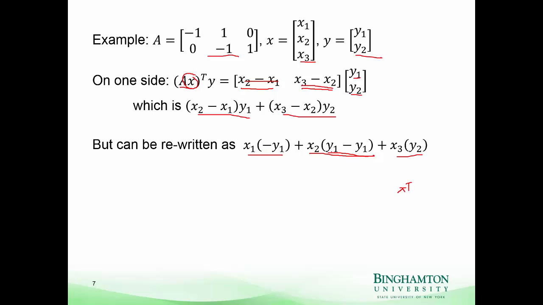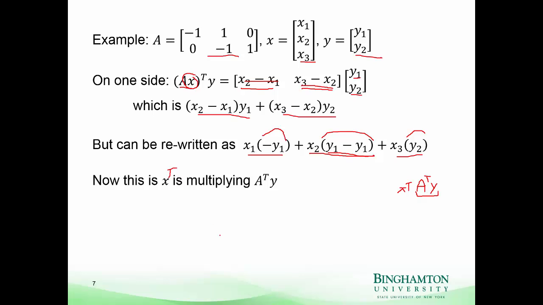Because we've got an x1, x2, x3 inner product with a vector that has these three elements. So x transpose with A transpose Y. So those three elements must be the result of this. So this is not X, it's X transpose multiplying A transpose Y.